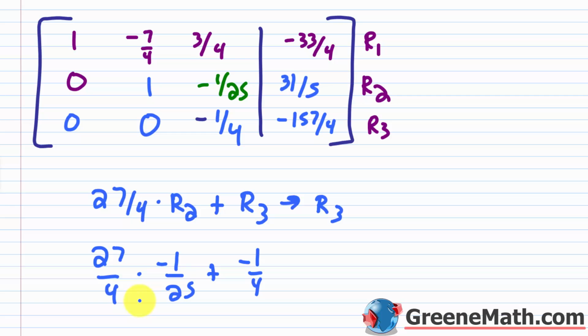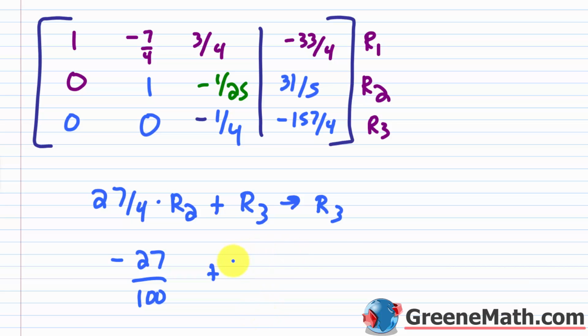So what's going to happen is between 27 and 25, there's no common factors other than 1. So really, I'm just going to say this is negative 27 over 100. So negative 27 over 100. For this, I could multiply by 25 over 25. So I'd have negative 25 over 100. And that's going to give me what? This would be negative 52 over 100.